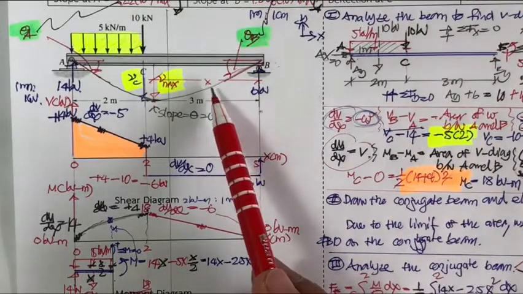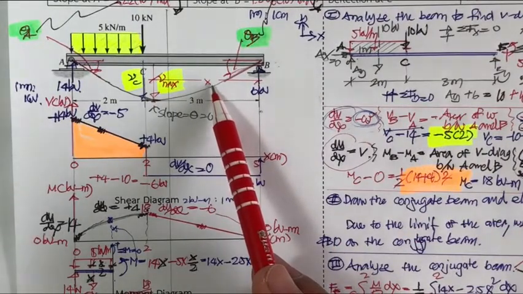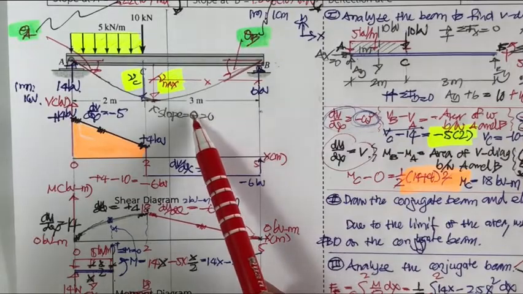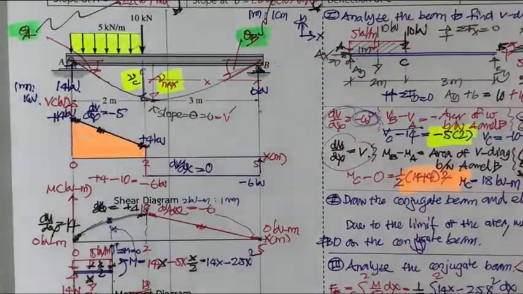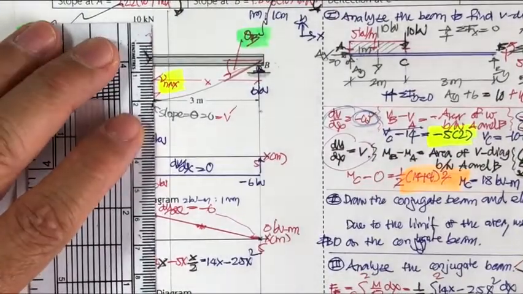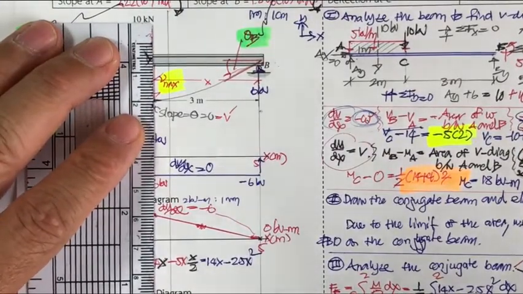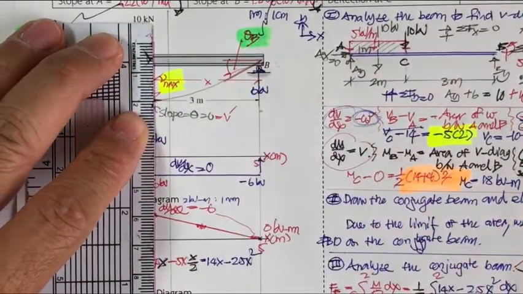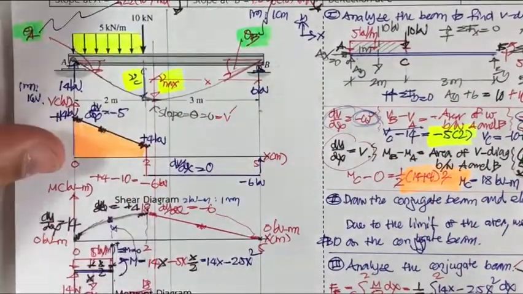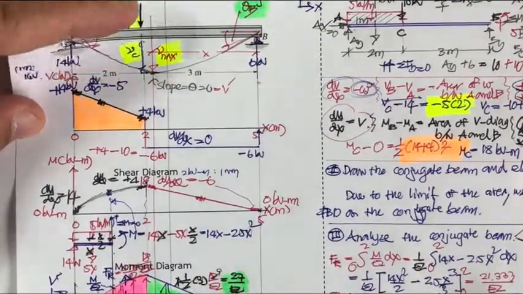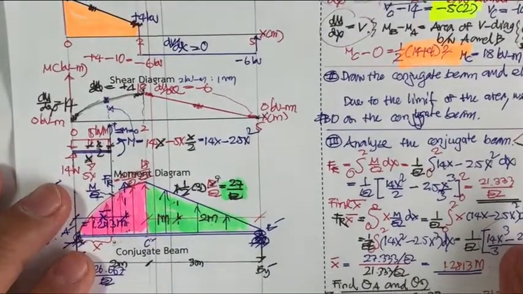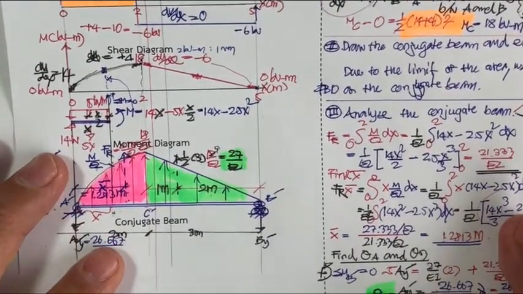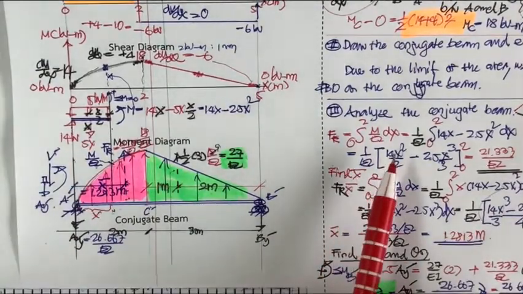So we have to determine the distance of V max by the condition that the slope is 0, or V prime equal to 0. So we need to cut the beam like this, along the way down here. And when we cut it, it's going to project to the conjugate beam, with the cut.